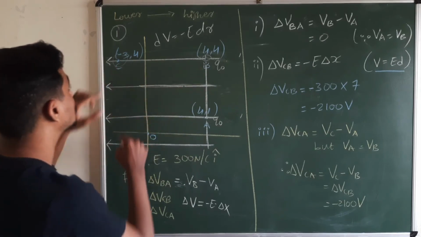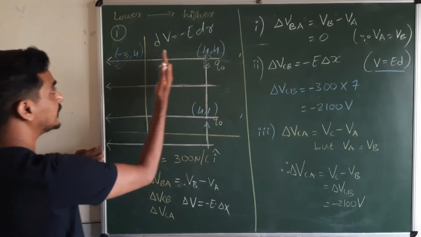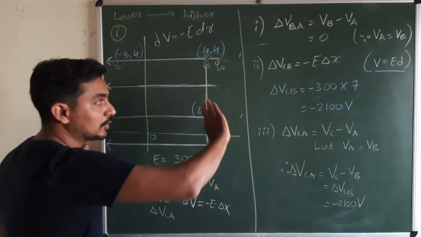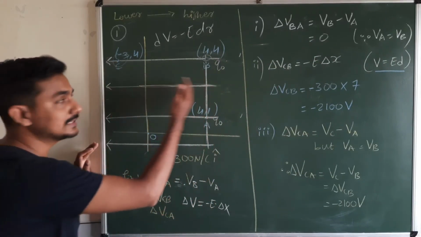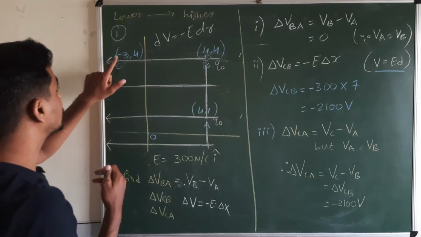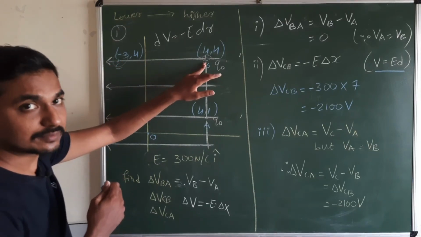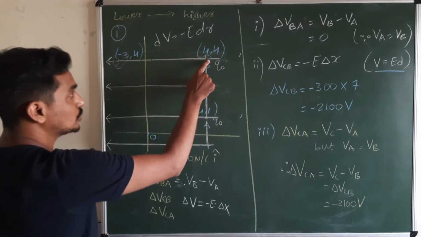Why negative? Suppose here the potential is lower because the electric field is moving in this direction. So it arises from somewhere here. At this point the field is stronger. As you move this side, the field is decreasing. So what is the potential difference between these 2 points?